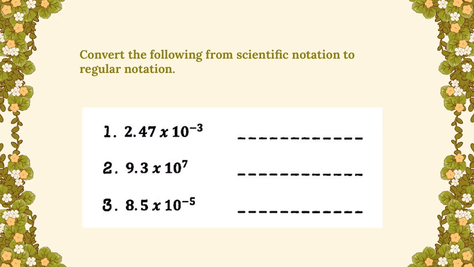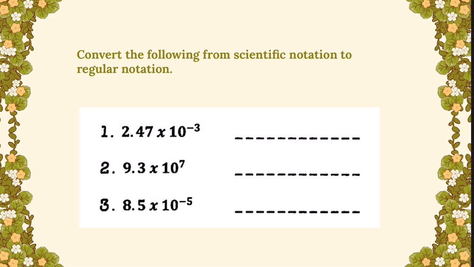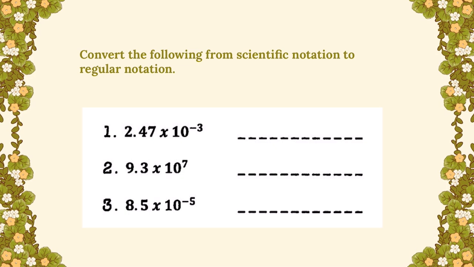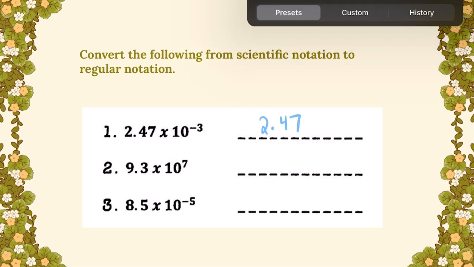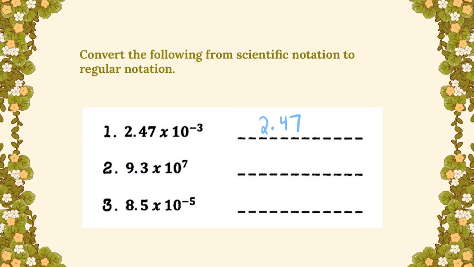It says convert the following from scientific notation into regular notation. So here we have 2.47. I'm going to write in a different color just so you can see it better. We're going to move that decimal point 3 to the left.